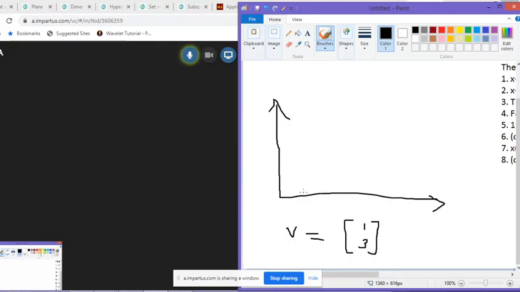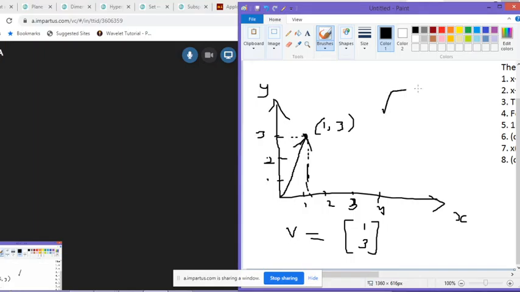If we divide the axes into 1, 2, 3 and 4, this vector point is here. It is 1 on the x-axis and 3 on the y-axis. The coordinates start from 0, 0 and go all the way up to 1 comma 3. Now we can find the magnitude of this vector.